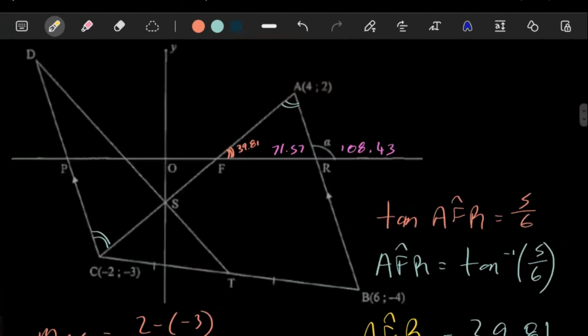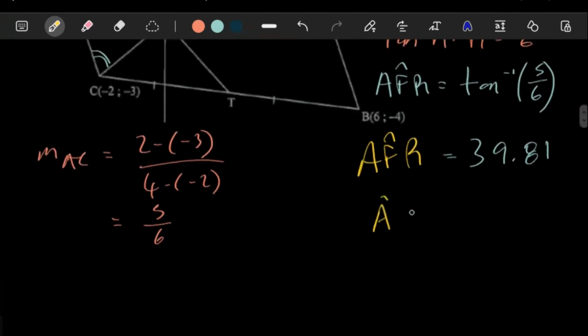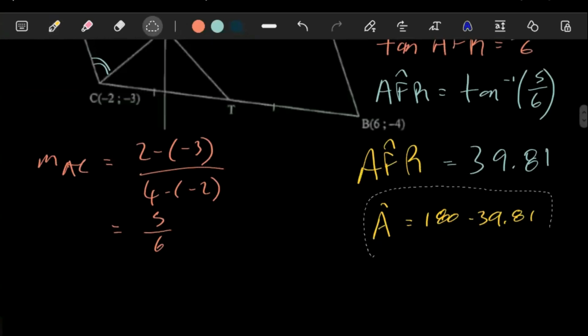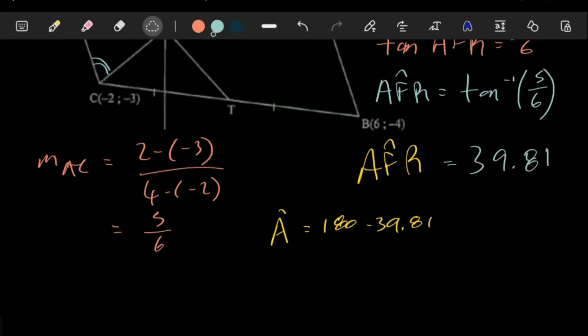Here we want angle A. So angle A, maybe go to 180, minus 39.81, minus the 71.57, right? So all this being done, let's see here, 180 minus that value minus 71.57. That's going to give us 68.62.